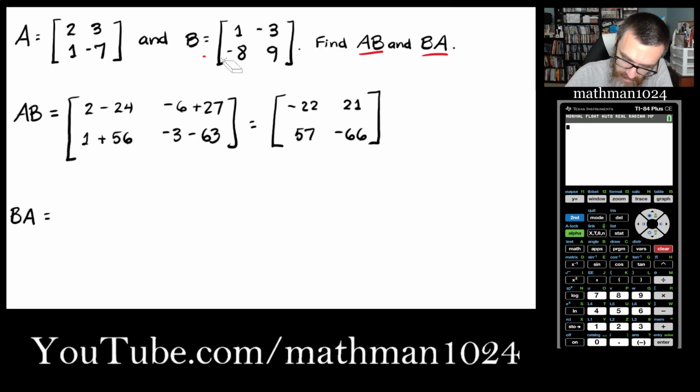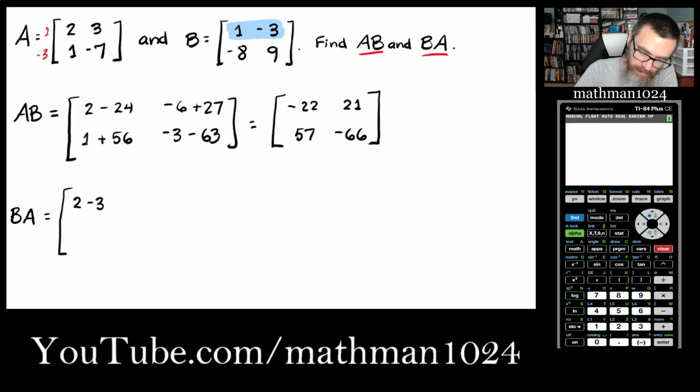All right. So with this one, we're going to start with B as the guy who's using the rows. We're going to rotate that and do 1 and negative 3. All right, so 1 times 2 is 2, then we have minus 3. 1 times 3 is 3, and then we have plus 21.